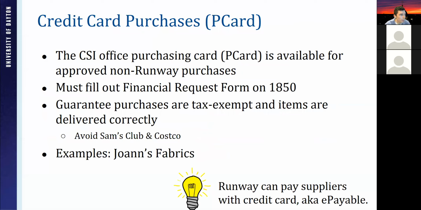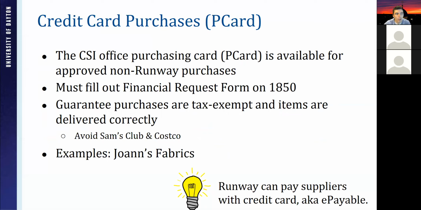The next option, like I mentioned, is the P card. These are good for things that we can't run through Runway. An example is Jo-Ann Fabrics. I think we had an organization make tie blankets for the Children's Hospital, and they needed to buy bulk orders of fabric.